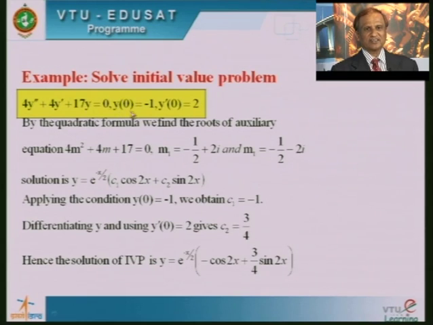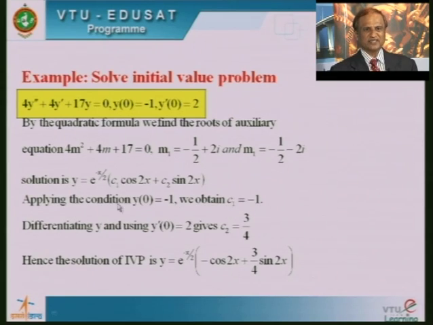Friends, again here they have given initial conditions, y of 0 is equal to minus 1 and y single prime of 0 is equal to 2. Now, I want to use the given conditions, right. So, applying the condition y of 0 is equal to minus 1, we can obtain c1 is equal to minus 1. Is it clear?